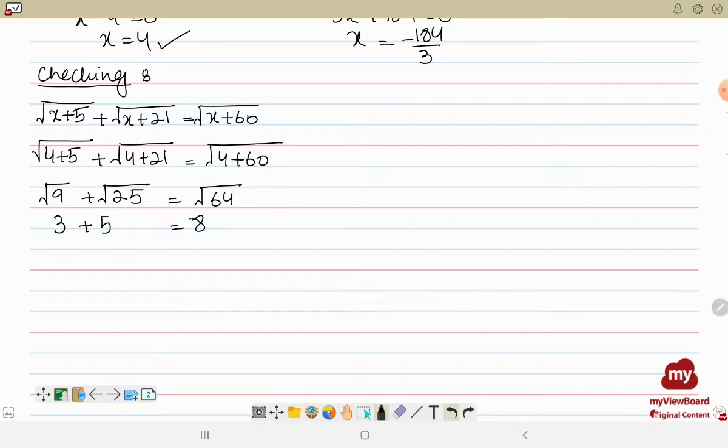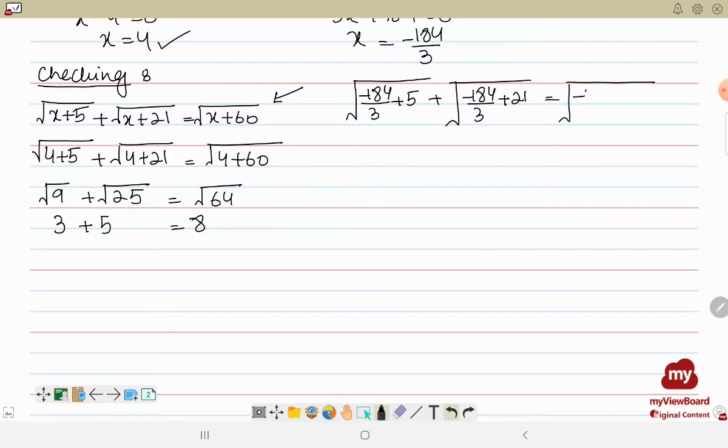Let's check for the other value of x. I'll insert the values directly because the equation is already written. So instead of x, I'll insert minus 184 by 3 plus 5, then the square root again of minus 184 by 3 plus 21 equals minus 184 by 3 plus 60. These are two fractions. We'll make them one fraction so that we can see whether the left hand side is equal to the right hand side or not.